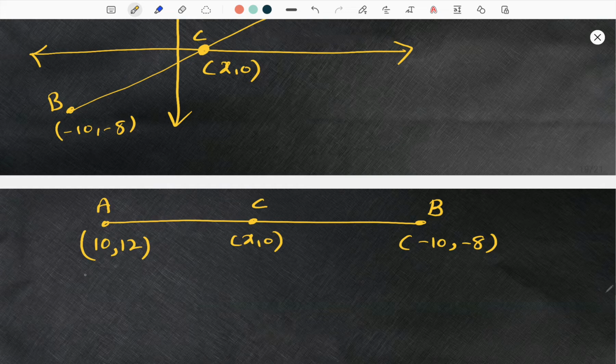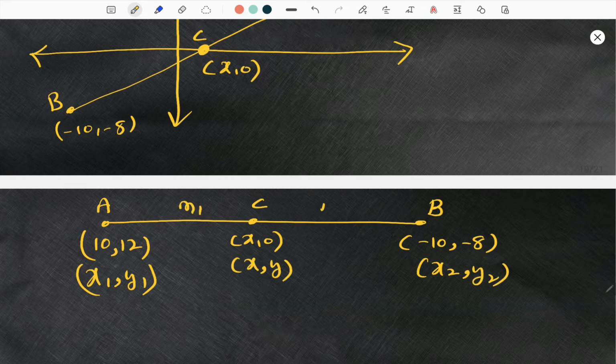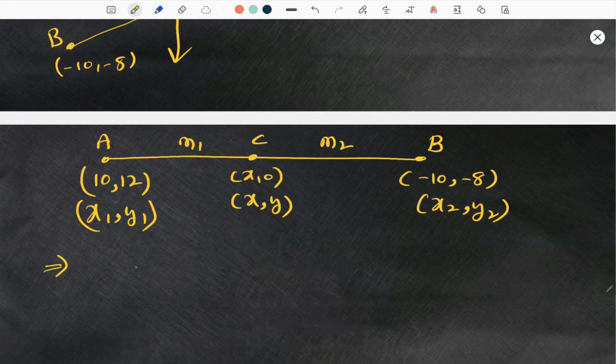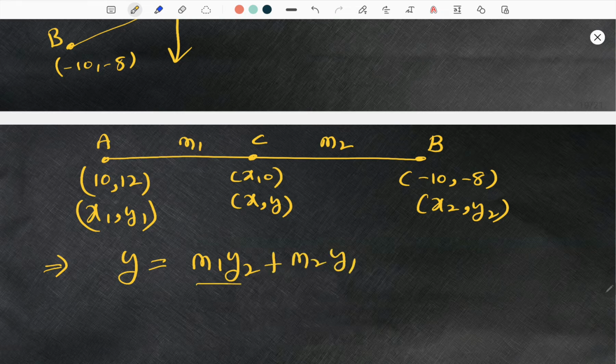If you compare this with the standard formula, this is x1 y1, this is x2 y2, this is x comma y, and this is m1 ratio to m2. That's what they are asking, m1 divided by m2. Now this x is unknown, but this y is known to us. What is the formula? y is equal to m1 y2 plus m2 y1 divided by m1 plus m2.